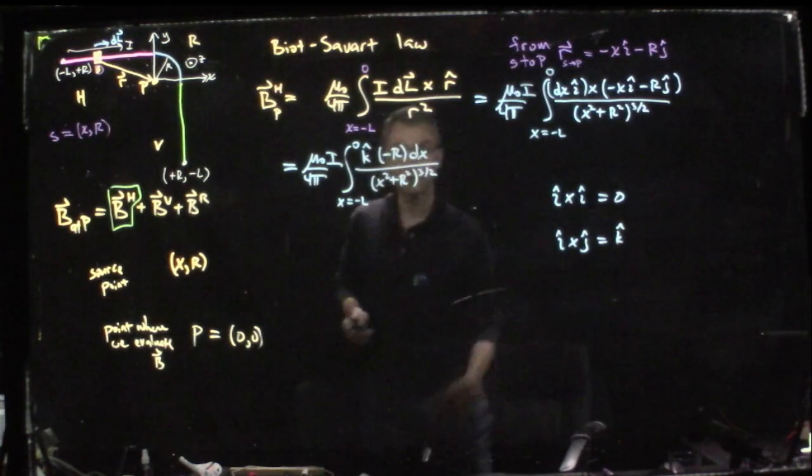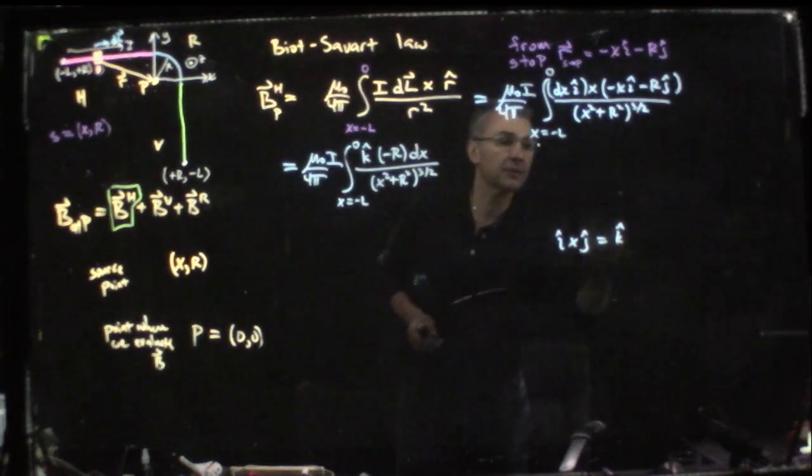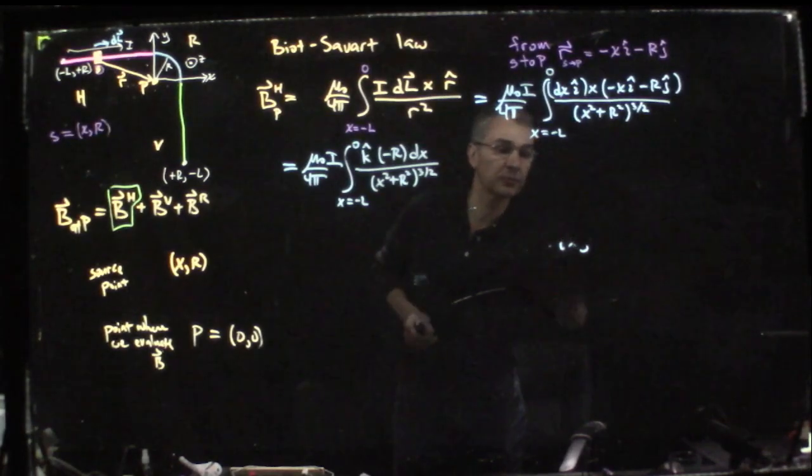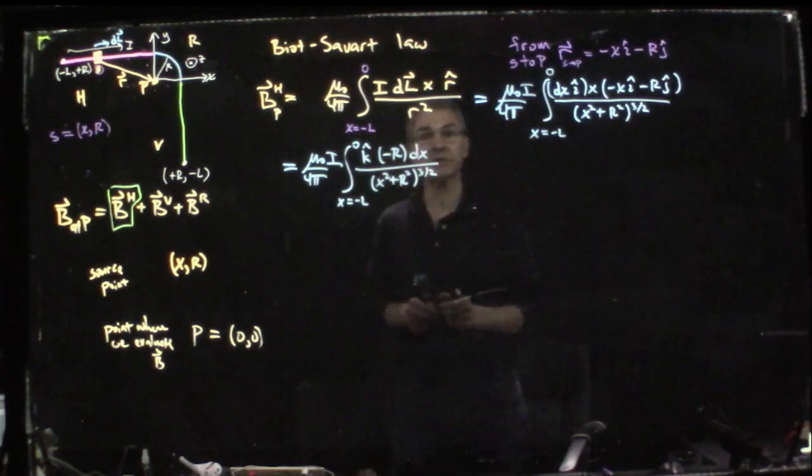We could do one more step to pull the constants outside, and then this turns out to be an integral in our integral table.